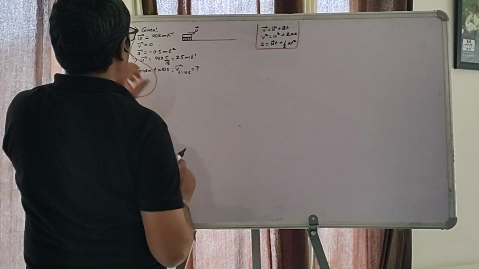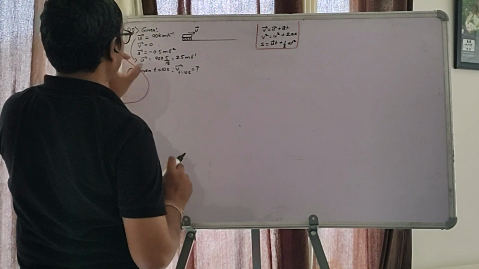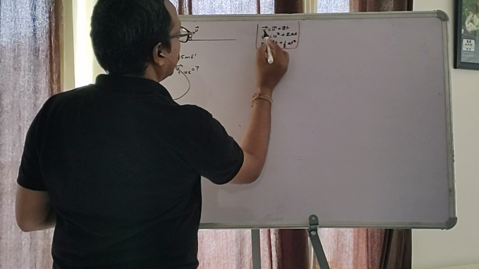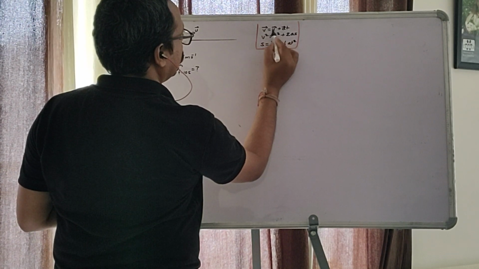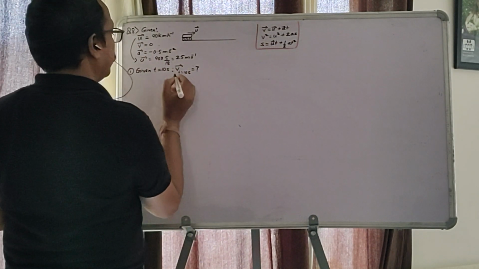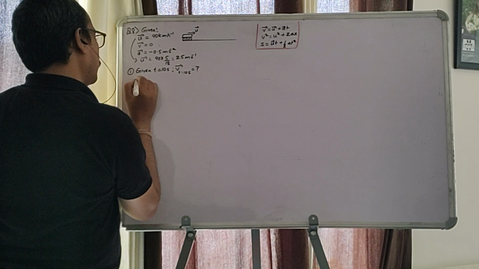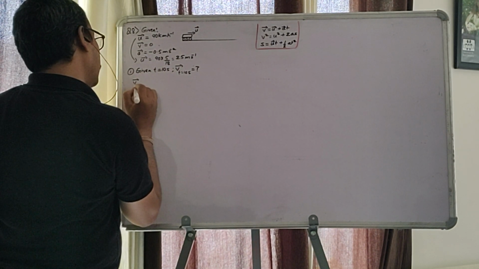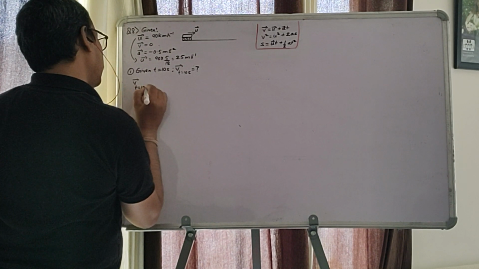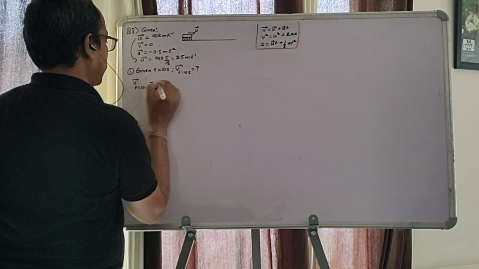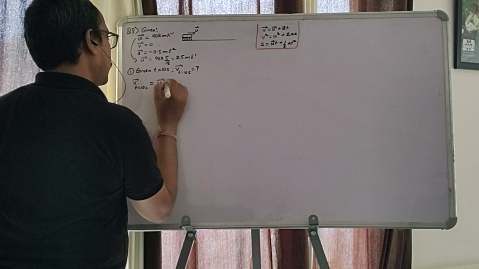So we have u, we have t, and we are being asked to find out v. So we can use v equal to u plus at.